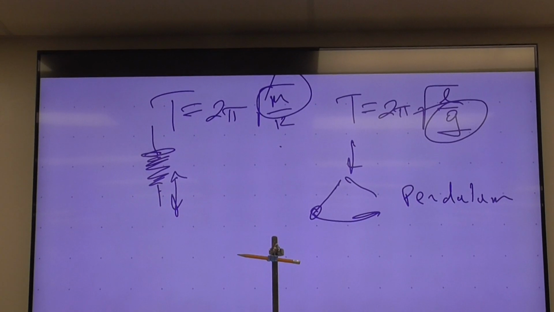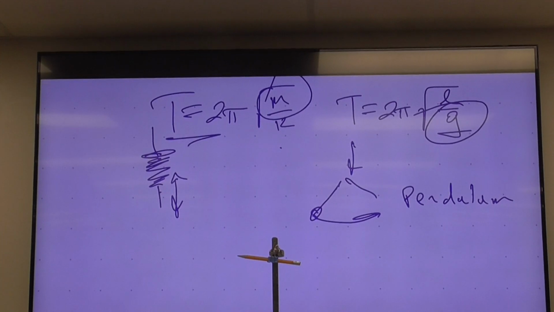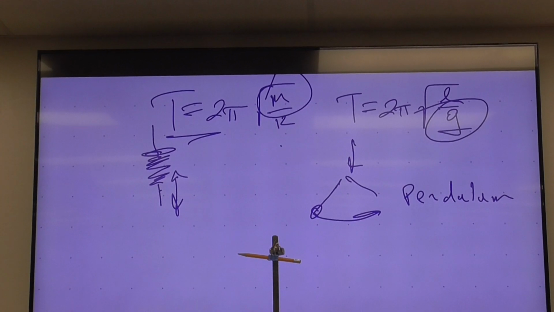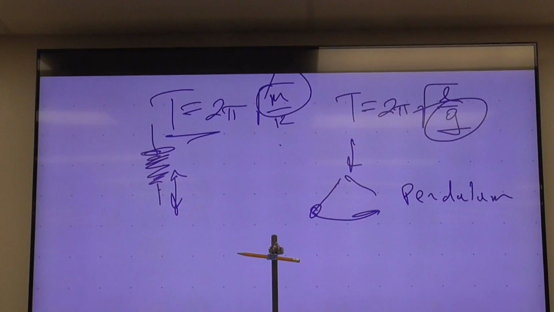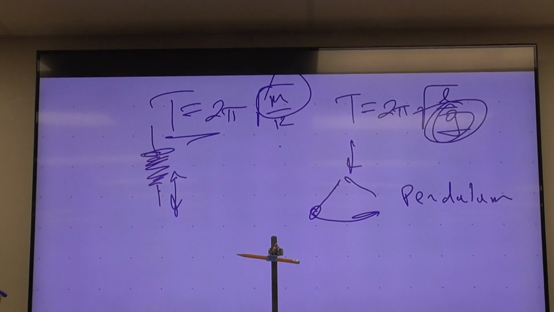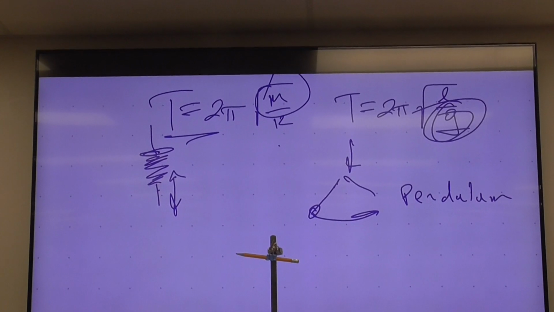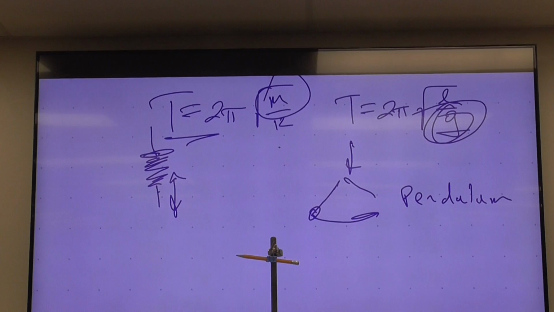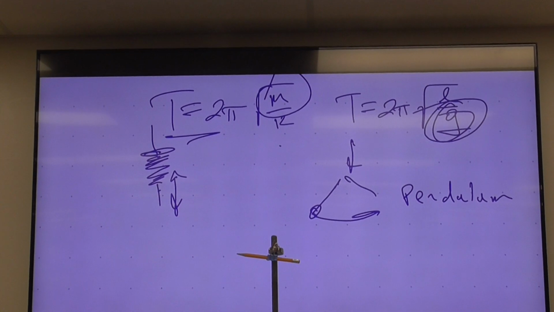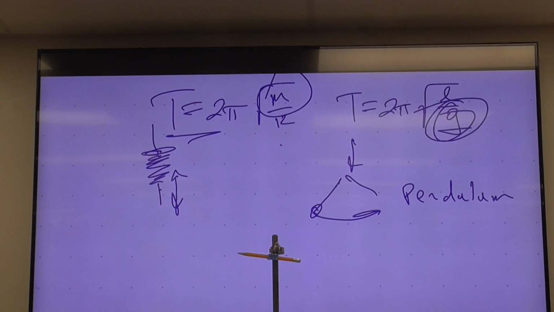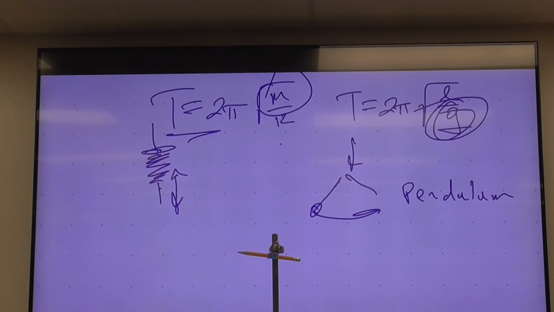Mainly because the spring has the capacity to store its own energy and oscillate back and forth. If you don't have gravity and you lift up a pendulum and let go of it, it's just going to stay there because it doesn't have any capacity to convert that stored potential energy into kinetic energy, but a spring does. So that's one of the reasons.